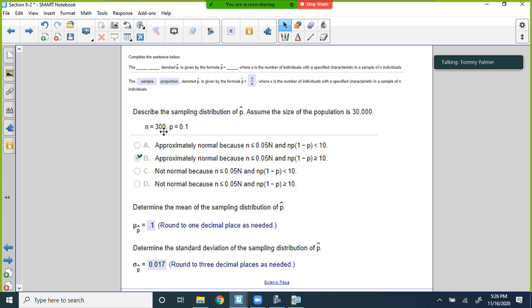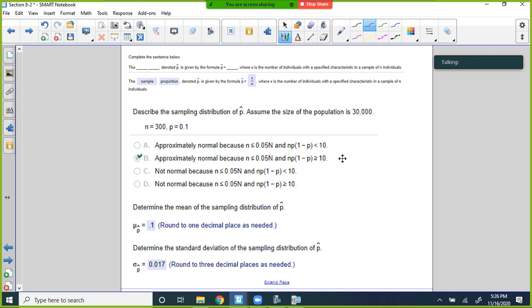So n is less than 5% of the population, and n times p times q needs to be greater than or equal to 10. n is 300 times p is 0.1 times 0.9. Is that greater than or equal to 10? Yep, sure is. That's how you do that.